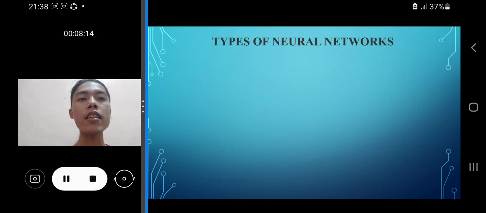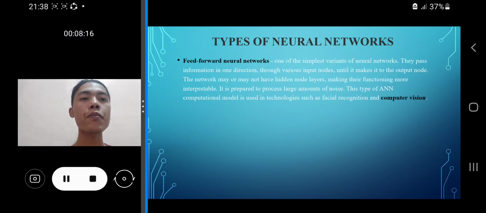So the next is the types of neural network. The first type is the feed forward neural network. One of the simplest variants of neural networks, they pass information in one direction through various input nodes until it makes it to the output node.